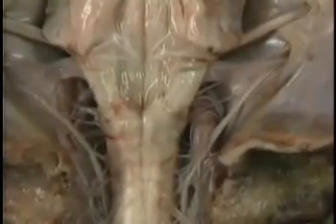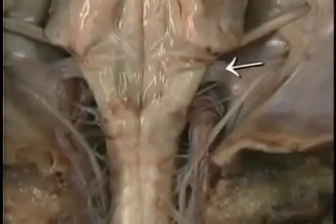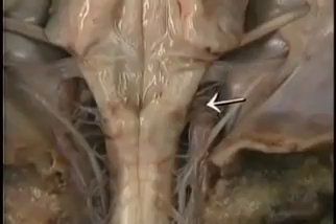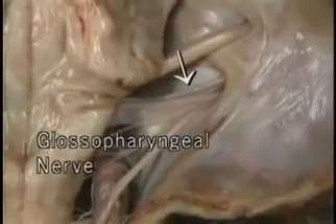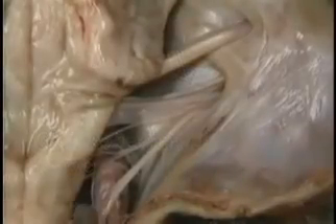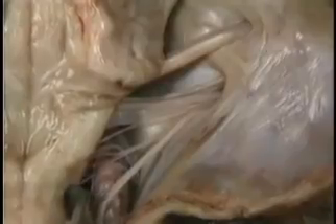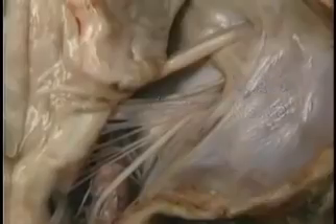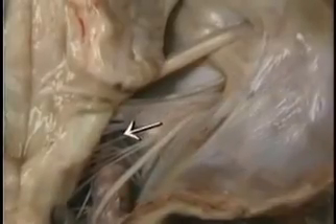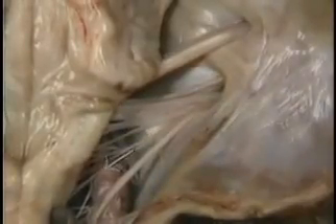The 9th and 10th nerves arise from a line of filaments that emerge from the lateral aspect of the medulla. Here's the glossopharyngeal nerve, the 9th cranial nerve. It's quite small. Below it is the vagus, the 10th nerve, arising by one large root and a line of smaller ones that emerge from the medulla all the way down to here.